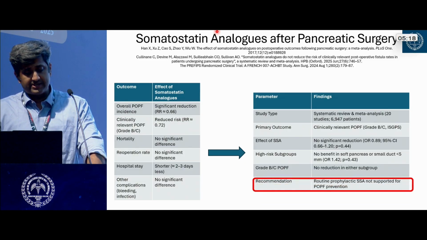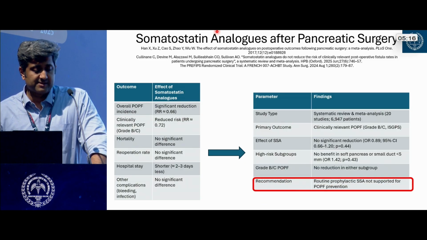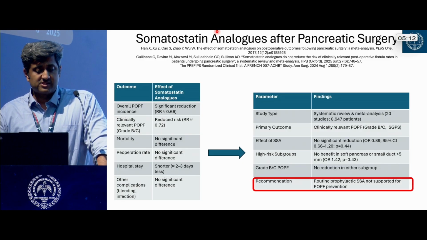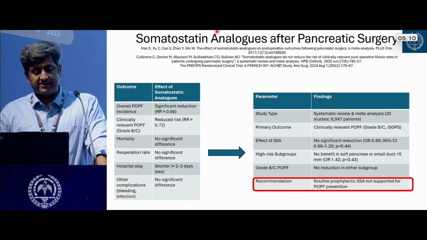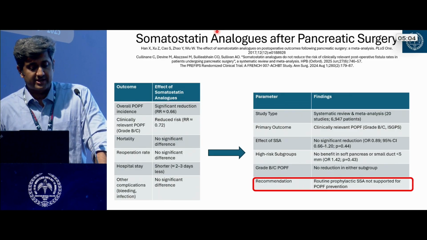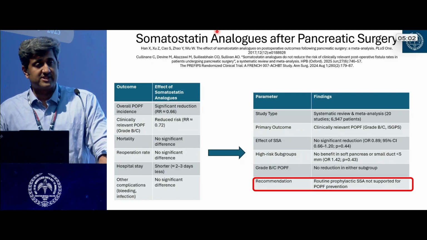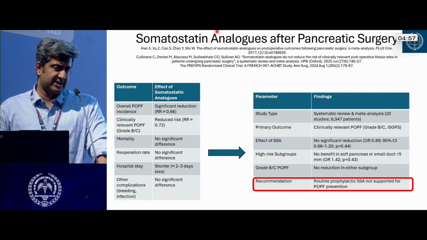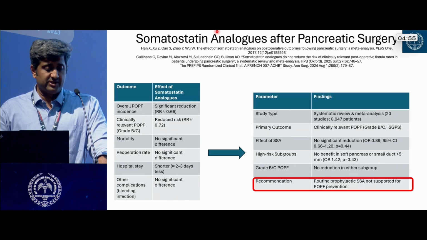But a subsequent meta-analysis, which is more recent, I think 2025, has stated that really routine use of somatostatin analogs is not really supported. And it seems much larger, over 6,000 patients. So I think at this point in time, it doesn't seem to have a role in prevention.